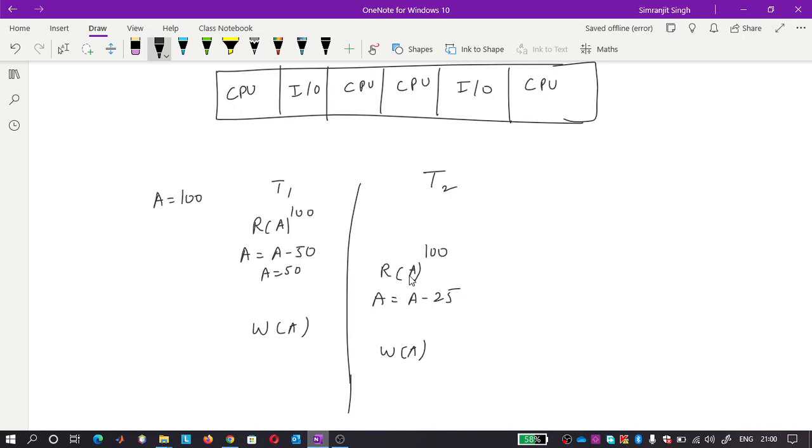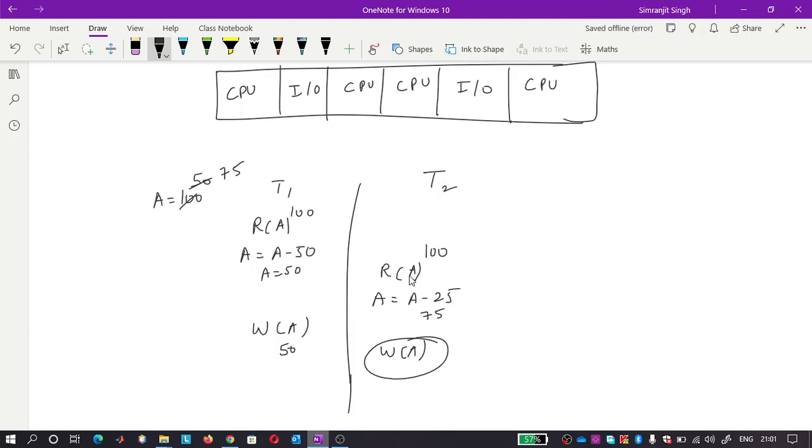When it deducts 25, it gets 75. Now T1 writes the value of A, making the permanent change to 50. Then when T2 writes the value of A, it changes the value to 75.